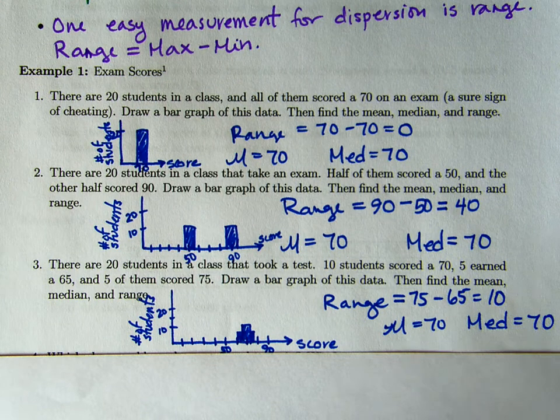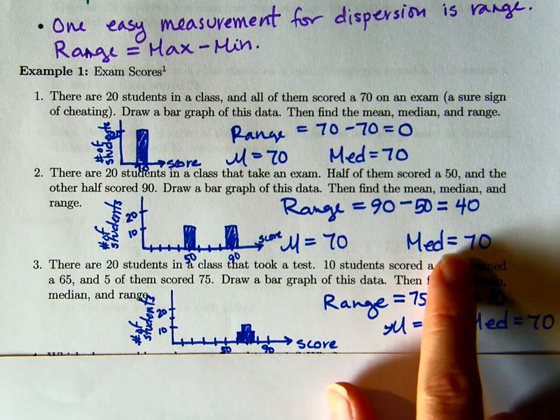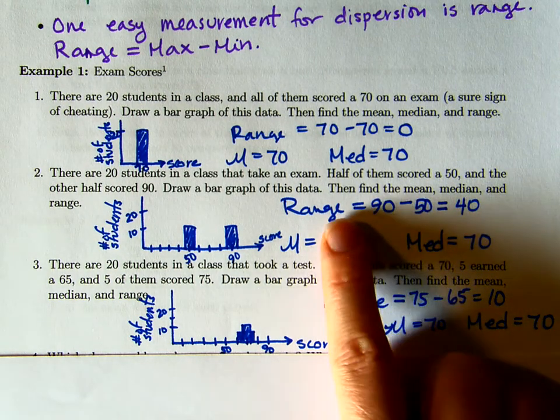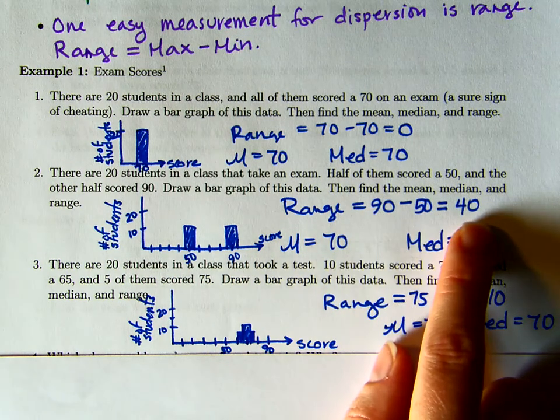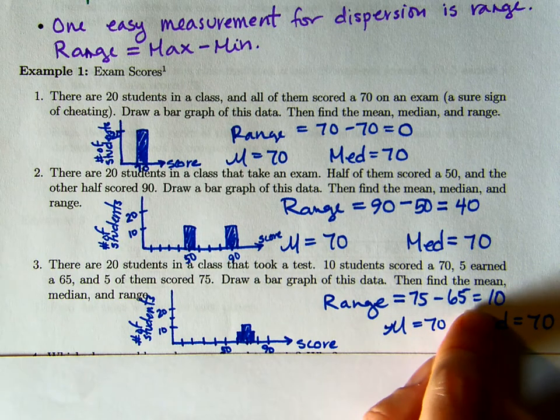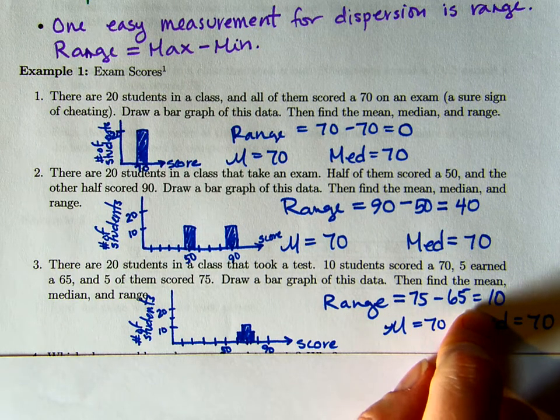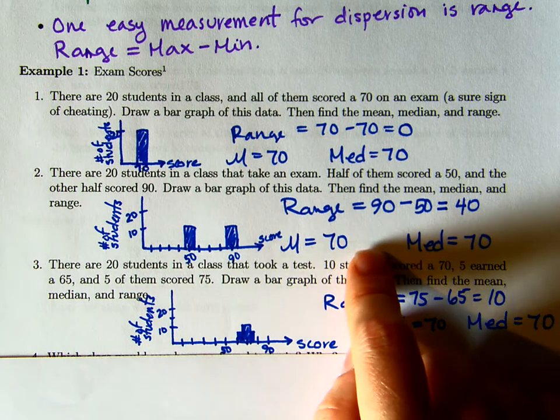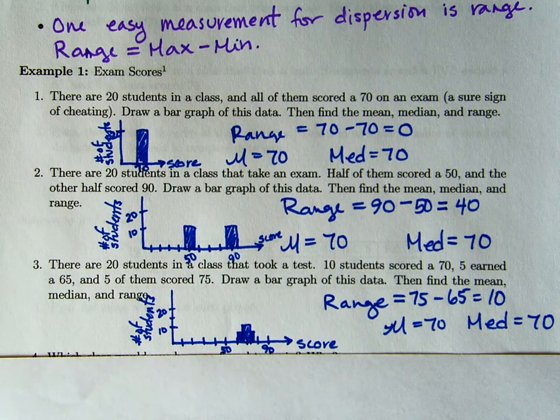So it also makes a difference when we are reading these things. When we're just given a number, we really do need to think about where this came from, like this range. A range of 40 points from the low to the high, or a difference of 10 points from the low to the high, and how much that really impacts the actual classroom. Like if I came back to the class and handed these back, man, that day would be awkward.